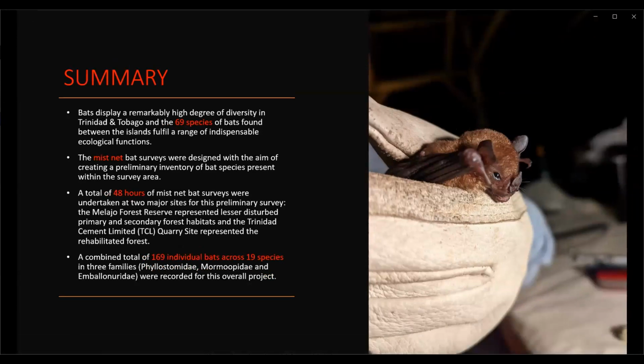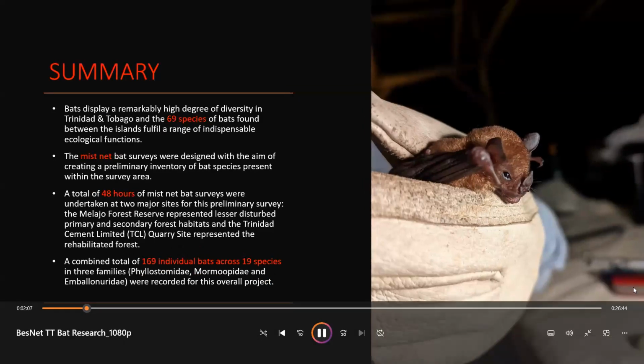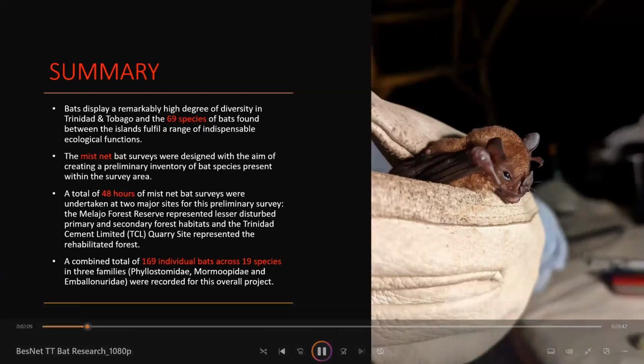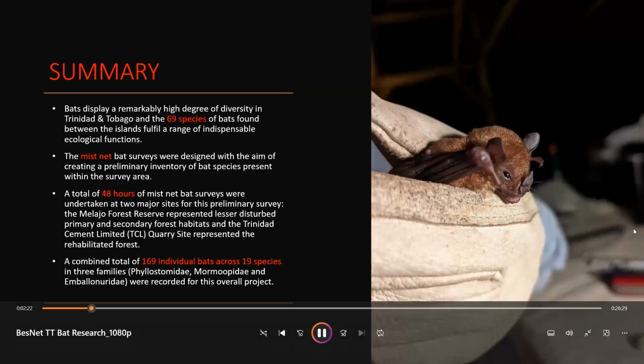So we spent 48 hours conducting mist net surveys at two major sites for this preliminary survey, the Malau Forest Reserve, which represented lesser disturbed primary and secondary forest habitats, and the Trinidad Cement Limited quarry site, which represented a rehabilitated forest. A total of 169 individual bats were caught across 19 species in 3 families for this project.